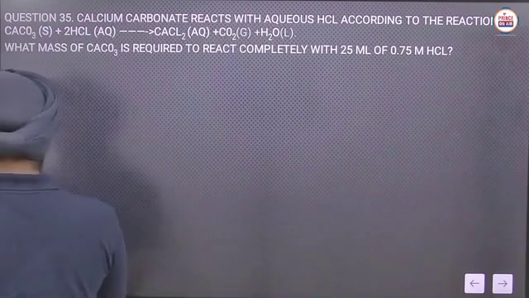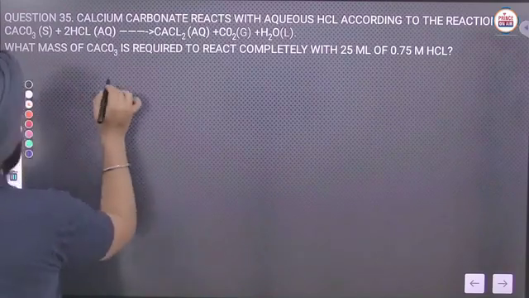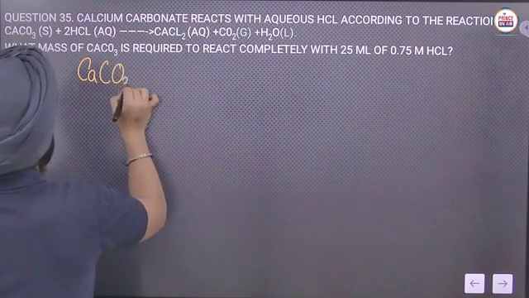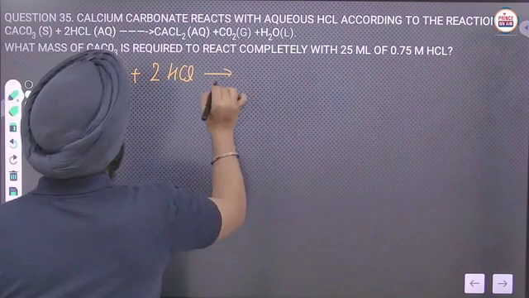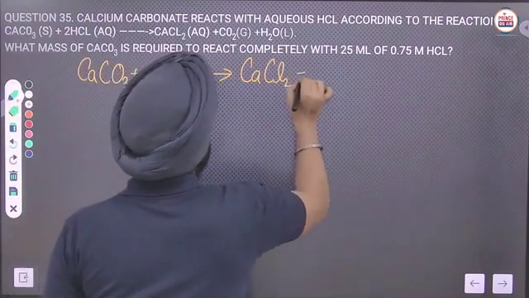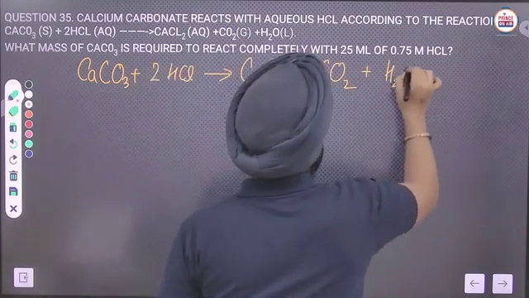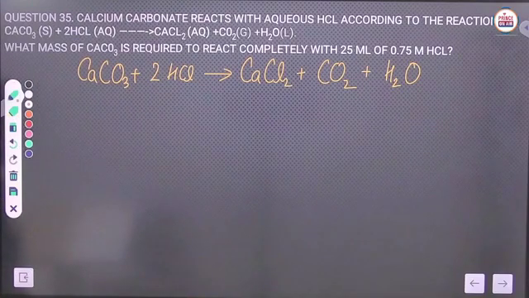Firstly, you should write the equation once again. So the equation is CaCO3 plus 2HCl, it will form CaCl2 plus CO2 plus H2O. So this thing you have to fill in first.